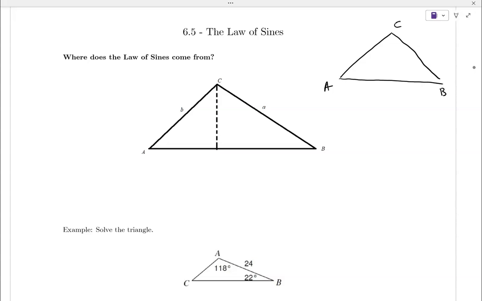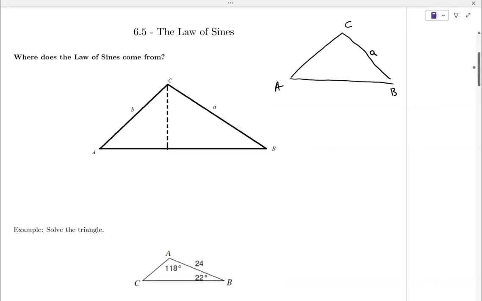So when we talk about labeling sides, we always go with the one that's across from the letter in the triangle. Since I have my capital A here, I'll refer to this side as little a. Likewise, since this is capital B, I'll refer to this as little b. Since it's capital C here, we'll do little c. That's our convention for labeling the sides.